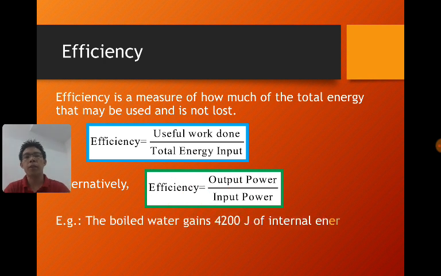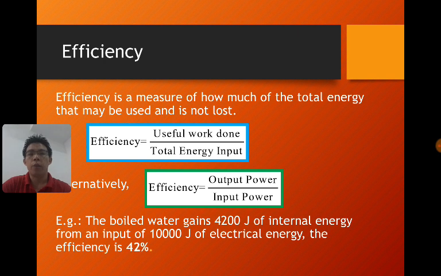Another example, you have actually looked at it when we discussed boiling water by a Bunsen burner. In the discussion, you pointed out different parts of the system where the energy goes instead of the water. So the water will not get 100% of the heat from the fire. An example here is 4200 joule of internal energy that the water gains.